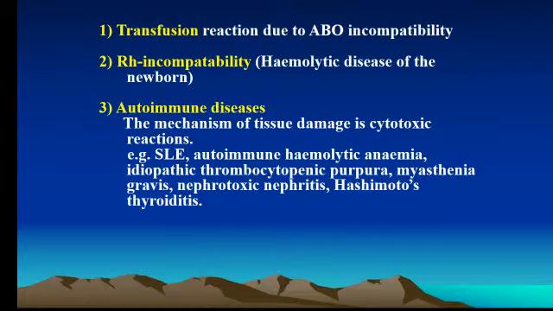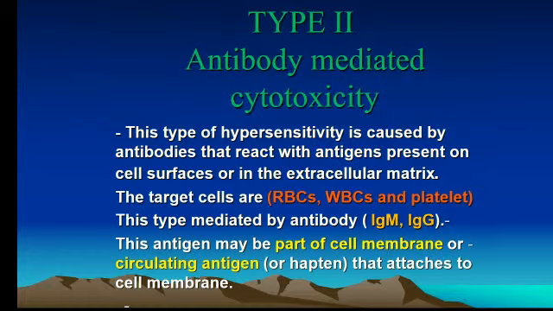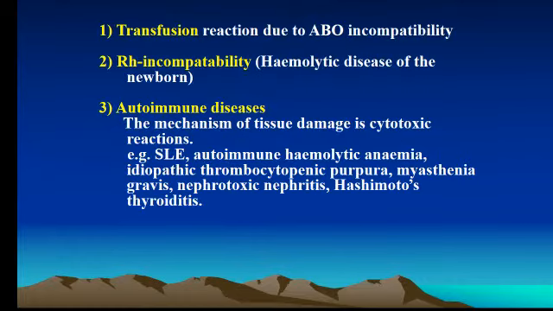So first of all, with this slide we have the transfusion and RH incompatibility and autoimmune disease. Number one is the transfusion reaction due to ABO incompatibility. Transfusion reaction is a cause of hypersensitivity type 2, antibody-mediated cytotoxicity.